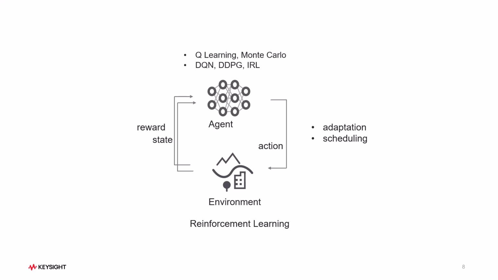Finally, we have reinforcement learning. This is akin to training a dog. Your agent interacts with an environment, takes actions, and receives feedback in the form of rewards or penalties. The agent's objective is to learn a strategy or policy that maximizes the cumulative reward over time.